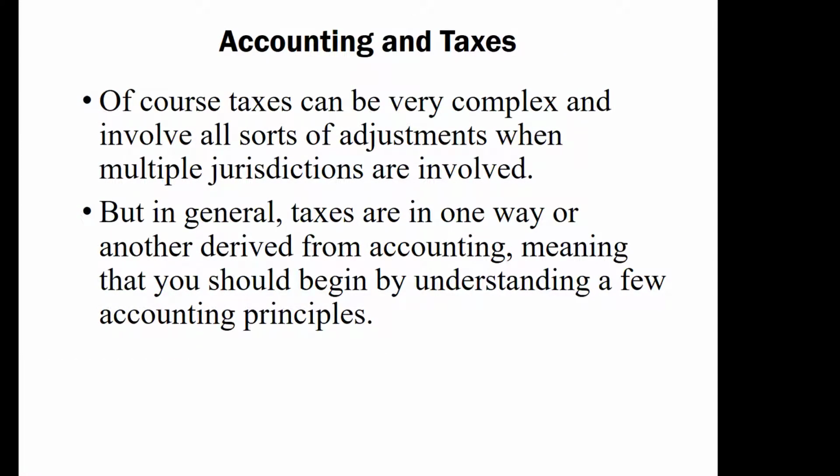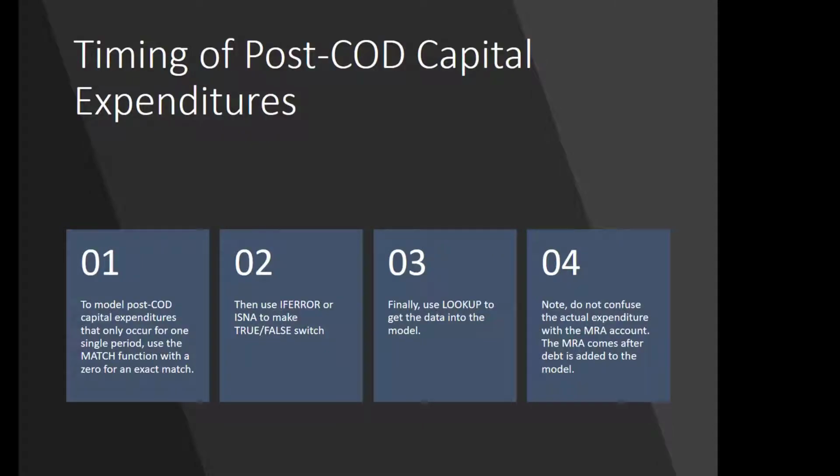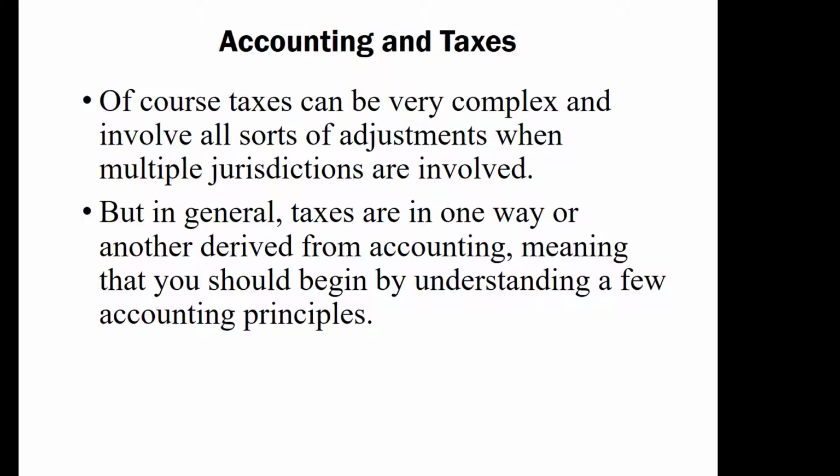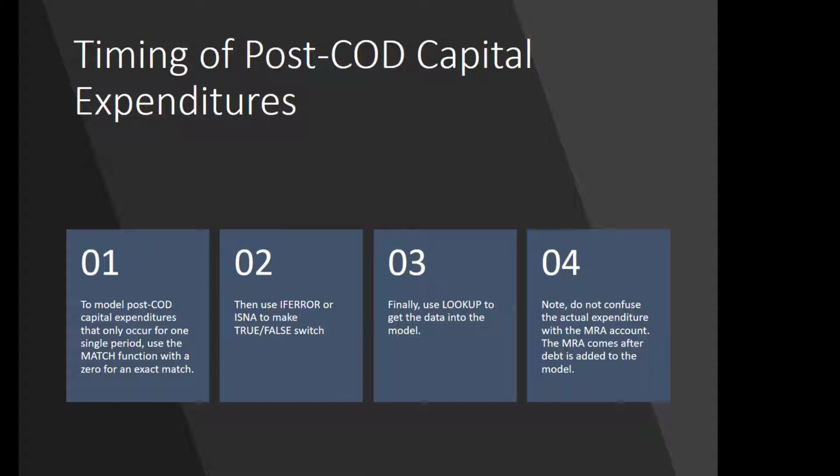There can be very complex taxes, especially when different countries are involved. But in general, taxes have to come from depreciation accounting. Donald Trump is going to eliminate depreciation, but you still have to write off, that's writing off an asset in 1 year. Okay, I think that's what I read in the paper at least.